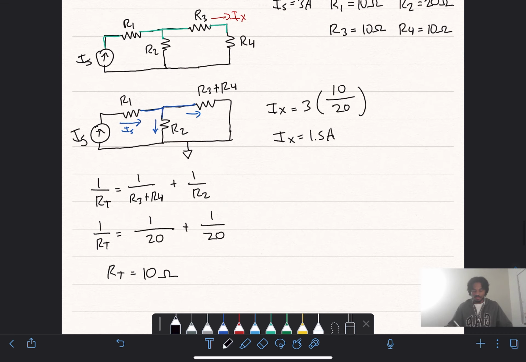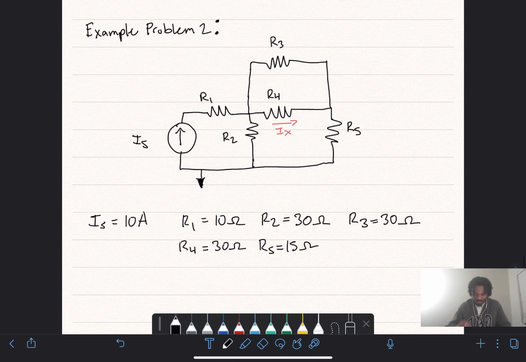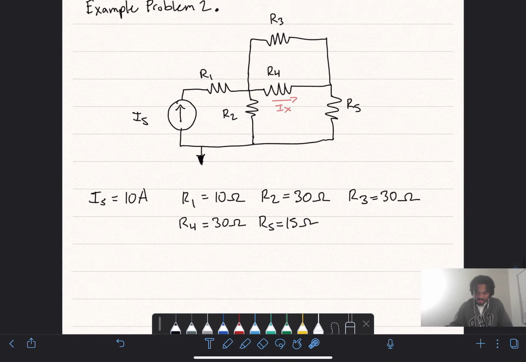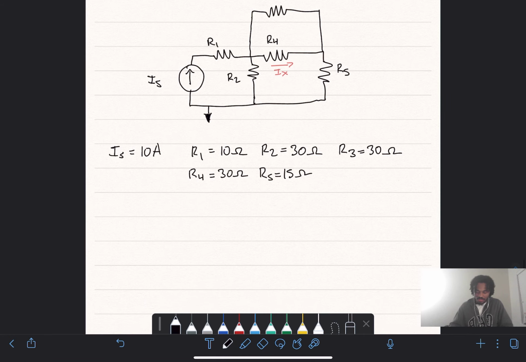And then we're going to come back here and take a look at another more complicated example problem, where we're looking for Ix, which is the current through R4 here. So when we have problems like this, we're going to have to do a little bit more simplification just to break the problem down into smaller parts.